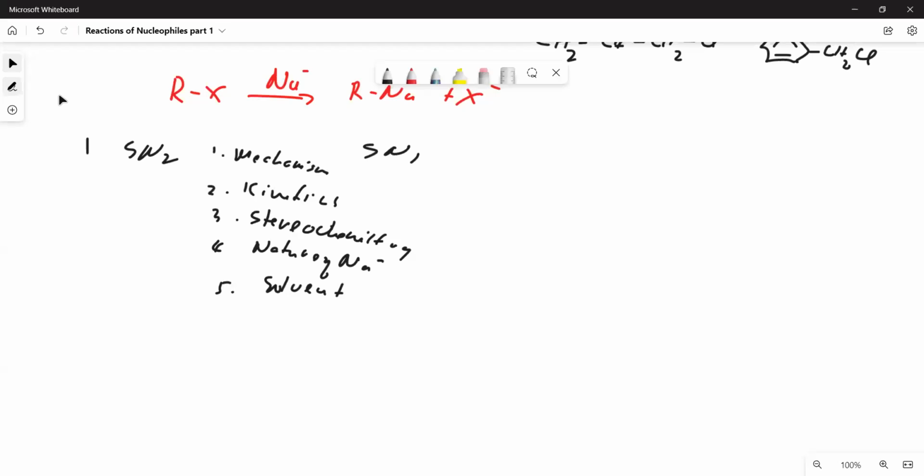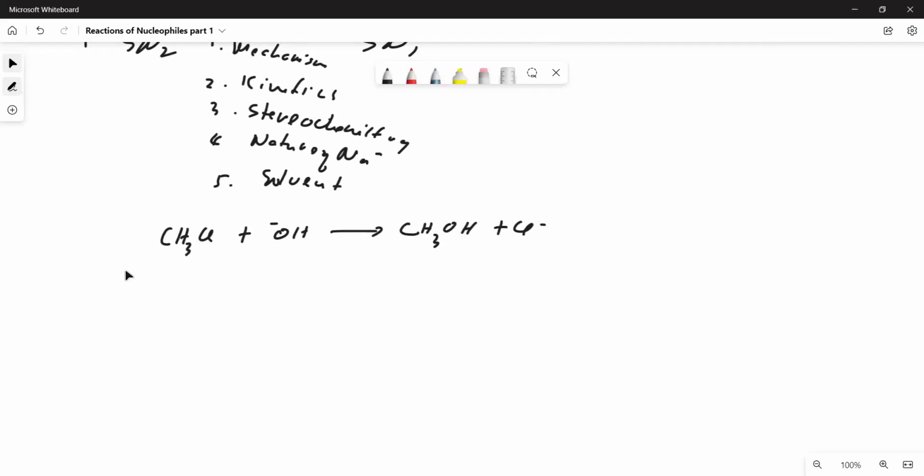To illustrate, let's start with SN2. Let's say you have methyl chloride reacting with hydroxide nucleophile. The overall reaction is the formation of the alcohol, methanol, plus chloride.